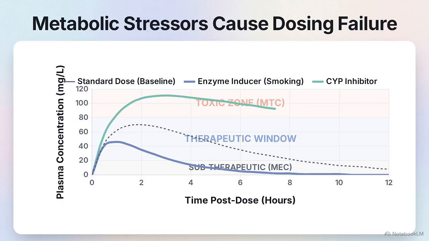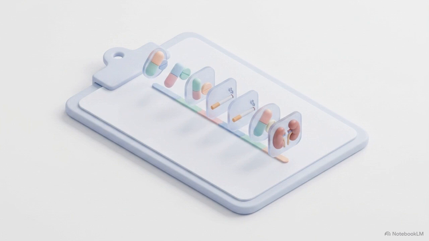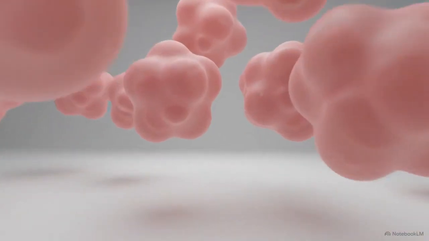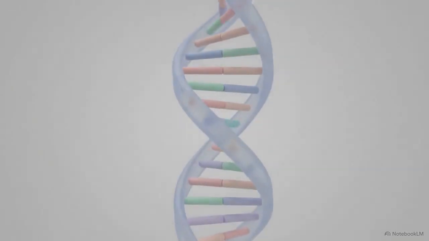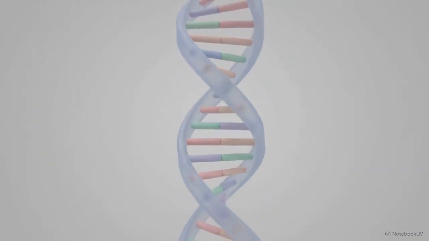Conversely, CYP inhibitors choke metabolic pathways, preventing breakdown and spiking systemic exposure to dangerous toxic levels. Relying on static dosing regimens is dangerous because organ impairment and interacting compounds continuously shift the body's timeline for clearing toxins.